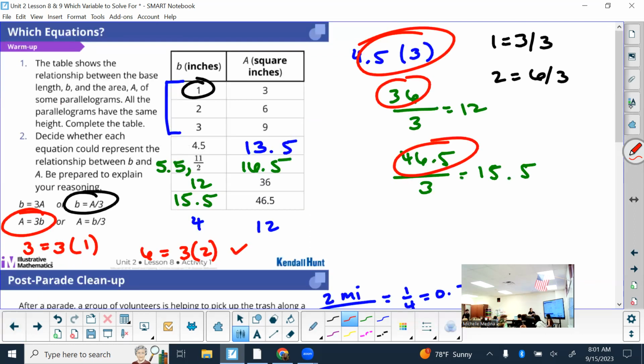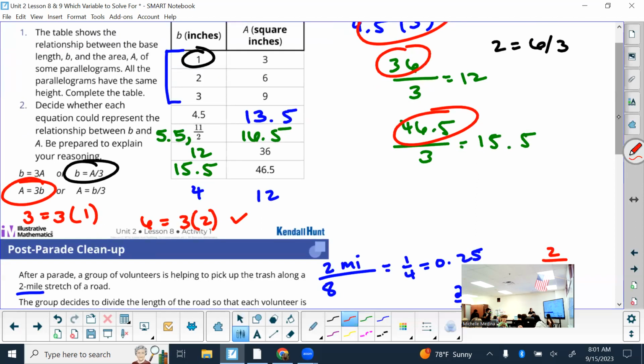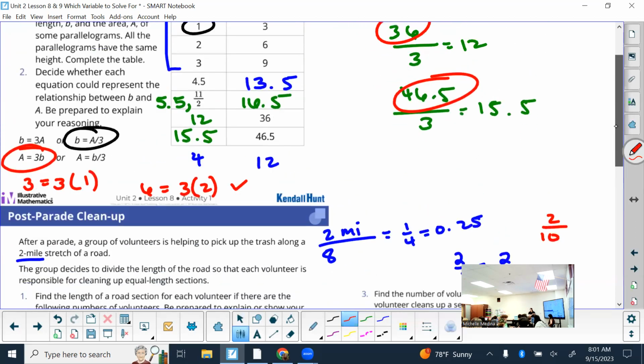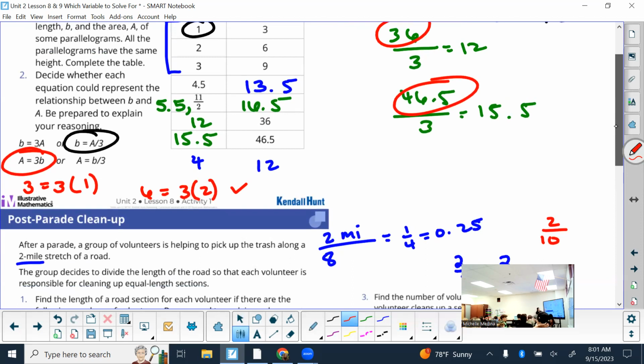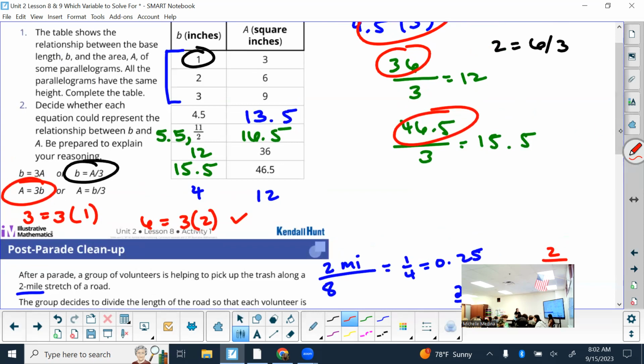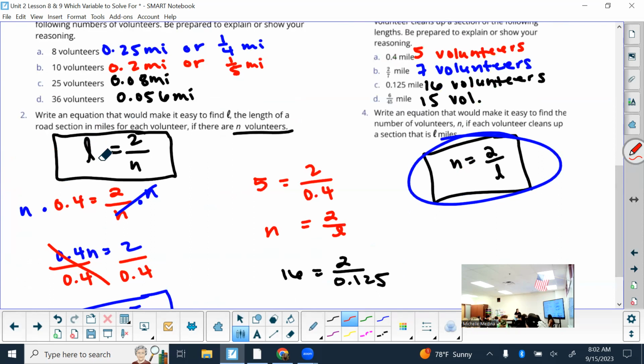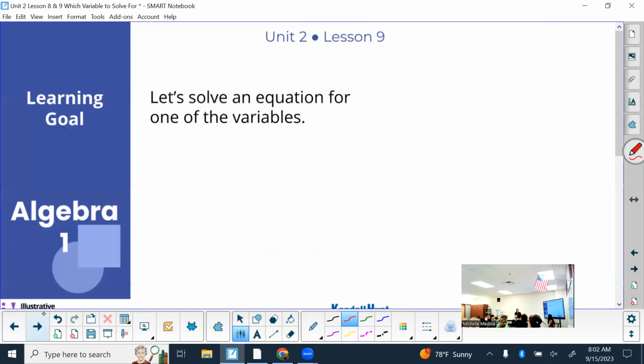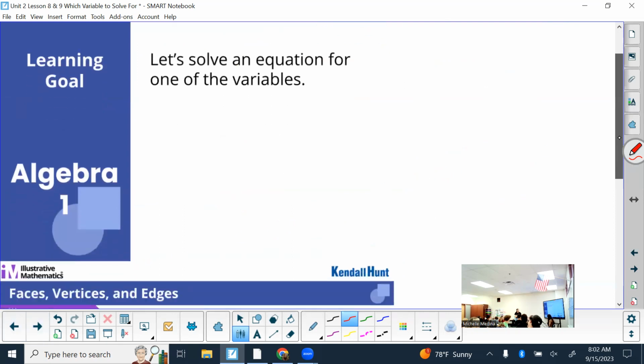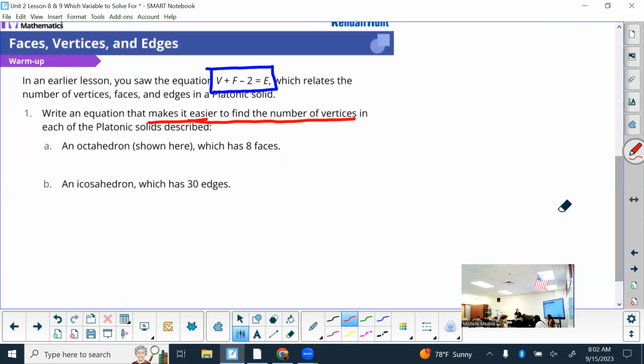I will show you over here again. So over here, it would be easier to find the base length. So over here, it'd be easier to find the area. In the problems that we just did, in number 2, that makes it easier to find the length that everyone had to clean. In number 4, this made it easier to find the number of volunteers. So when it says make an equation that makes it easier to find the number of vertices, they want the V to be by itself.